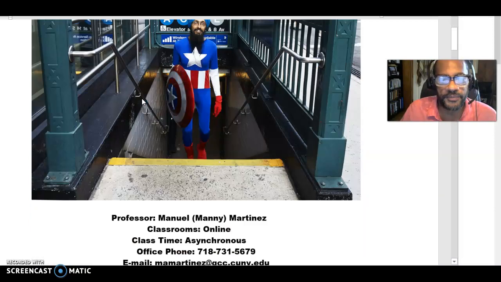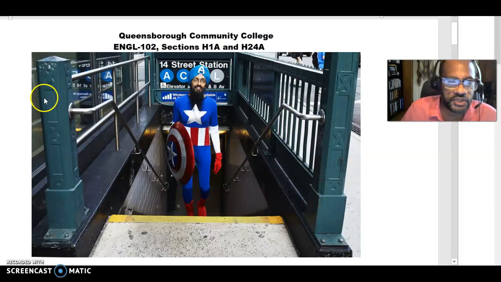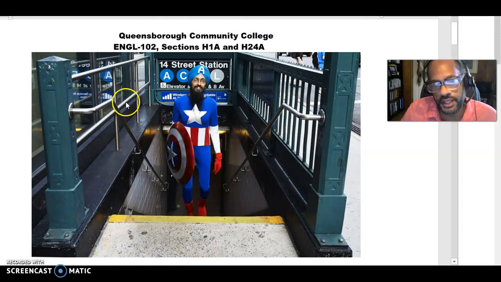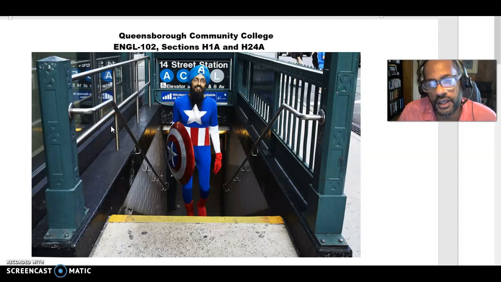So I've got here a picture which is a Sikh Captain America. Sikhism is a religion that comes mainly from India. There are a number of Sikhs in the United States, people who came to the United States from India.